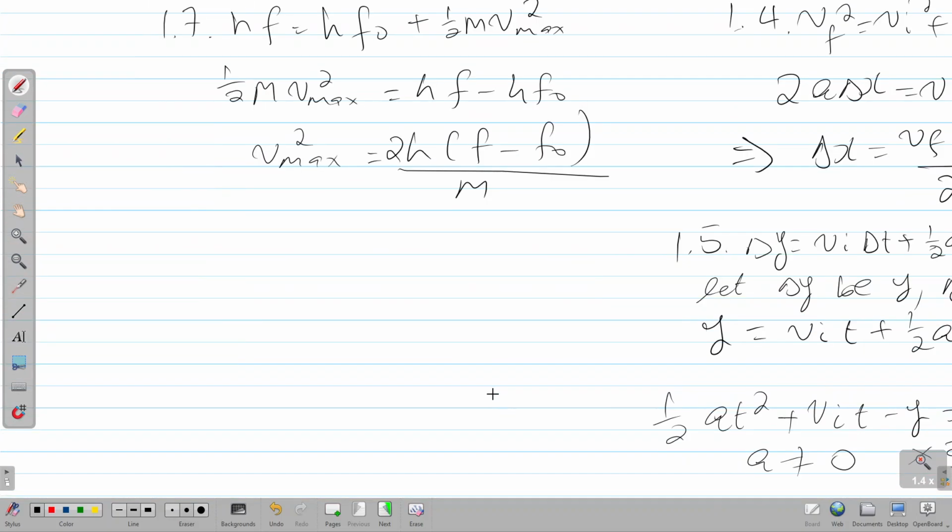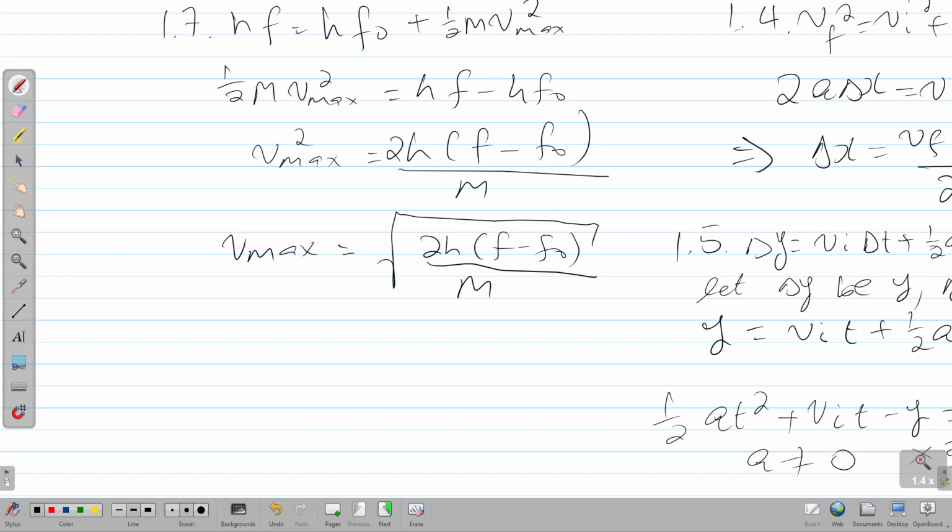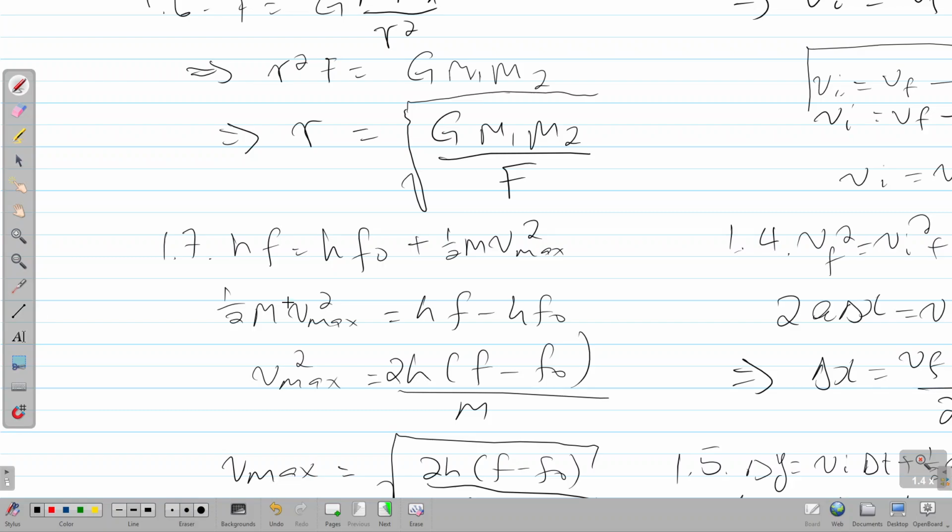And then we take the square root. The Vmax is the speed, so we're just going to take the positive root here as well. Vmax is the square root of 2h into f minus f naught divided by the mass m. Okay, so that is our Vmax.